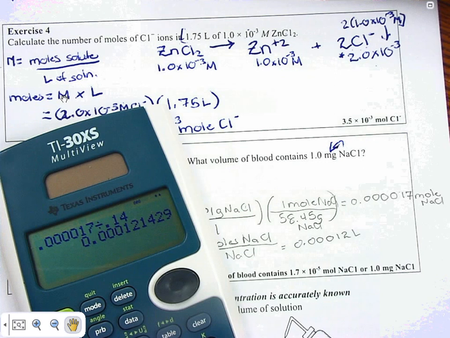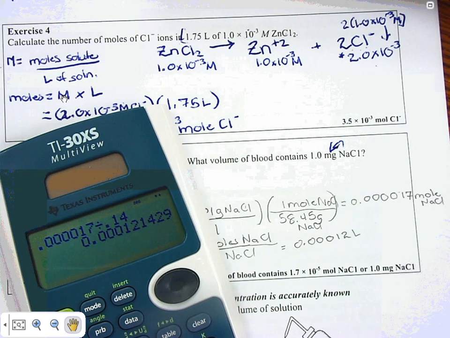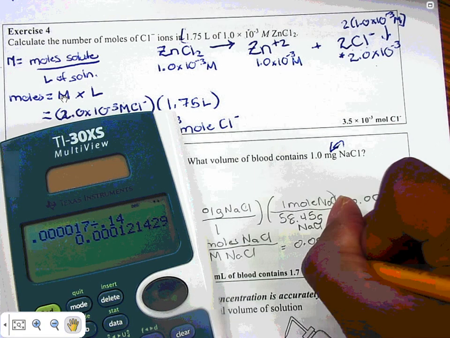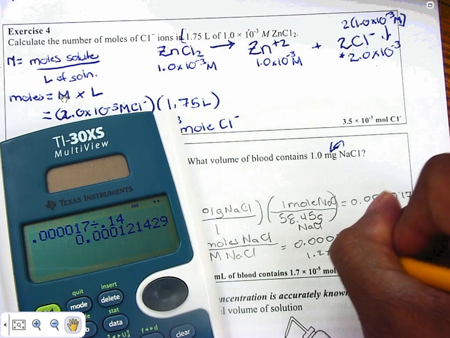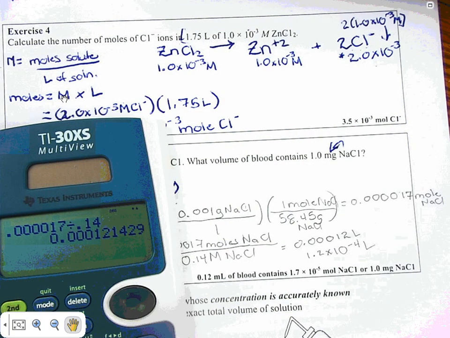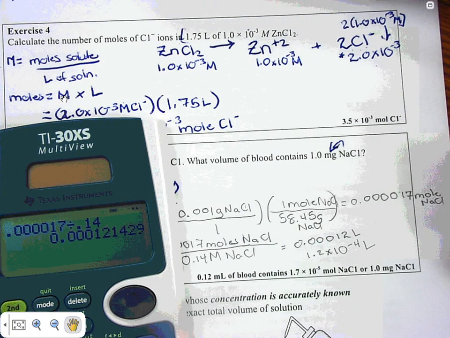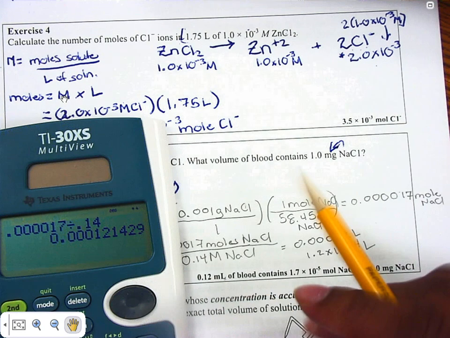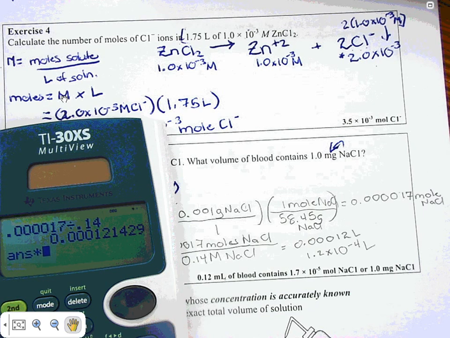And if I want to convert those to scientific notation, that would be equivalent to 1.2 times 10 to the negative 4th liters. And to make it comparable with the answer that they give here, I could actually just multiply by 1,000.